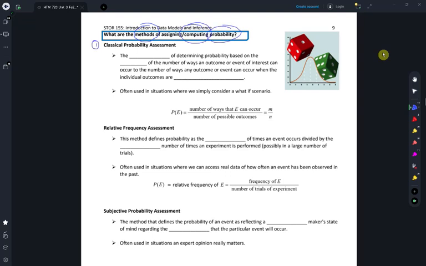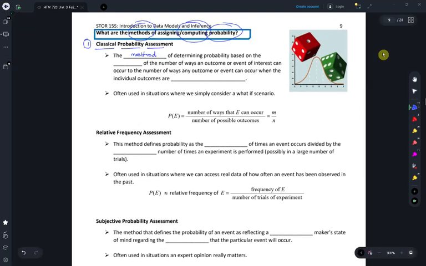The first one we'll consider is the classical probability assessment method, which is a method of determining probability based on the ratio of the number of ways an event can occur, which we denote as M, compared to the number of ways any outcome or event can occur when the individual outcomes are equally likely.